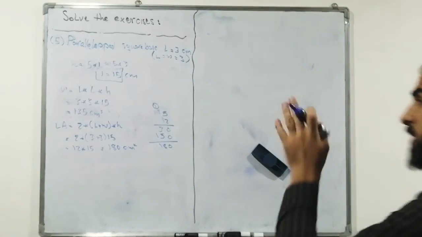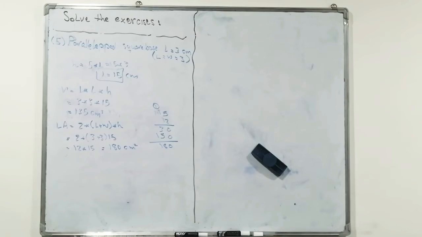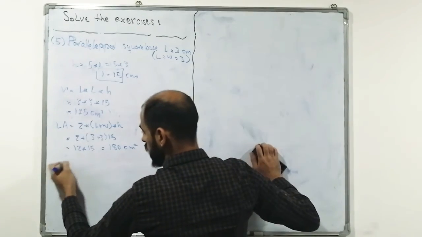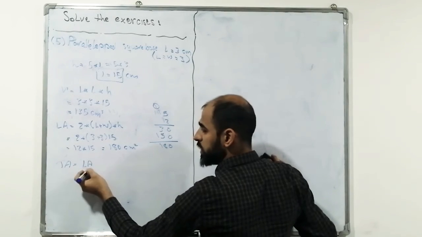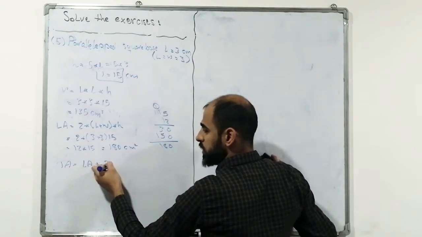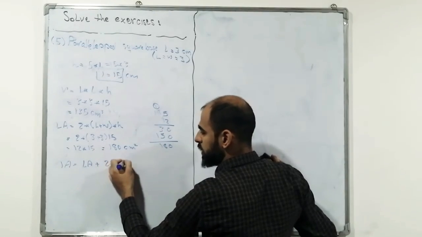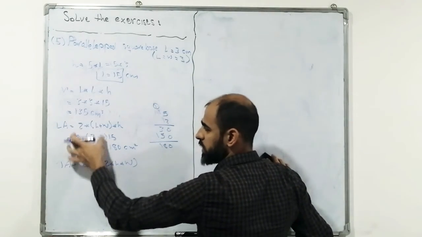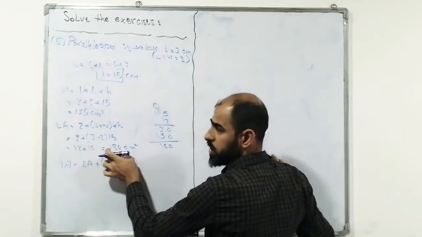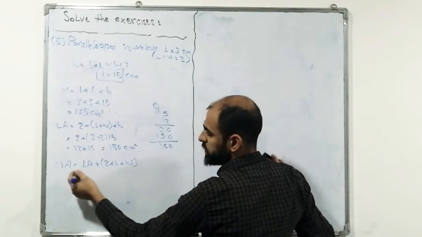Now, after finding its volume and lateral area, we have to find its total area. The total area of a parallelepiped is lateral area plus 2 by L by W. We don't have to find the lateral area again, because we found it in the second step.